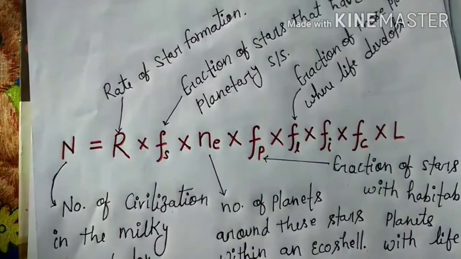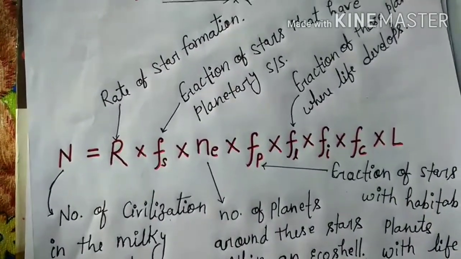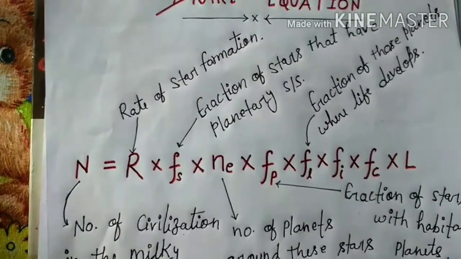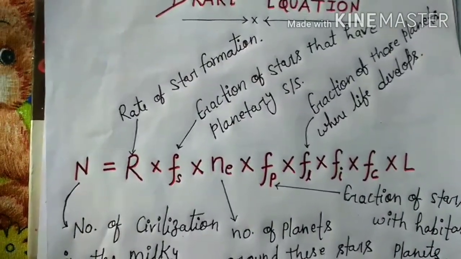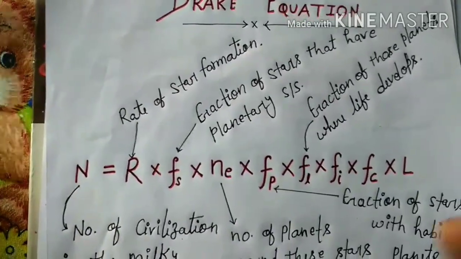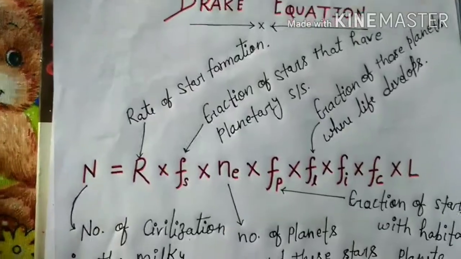Its terms correspond to values such as the fraction of stars with planets, the fraction of planets on which life could emerge, the fraction of planets that can support intelligent life, and so on.